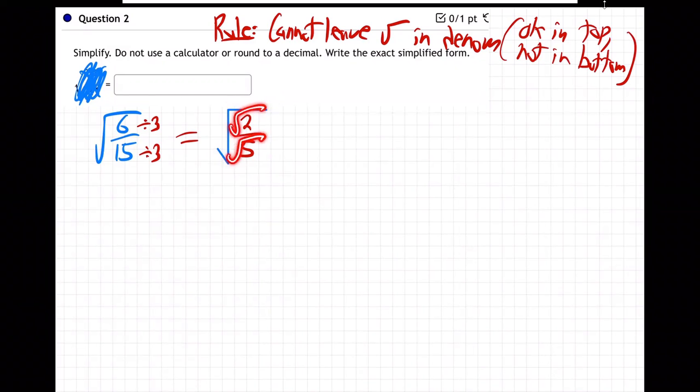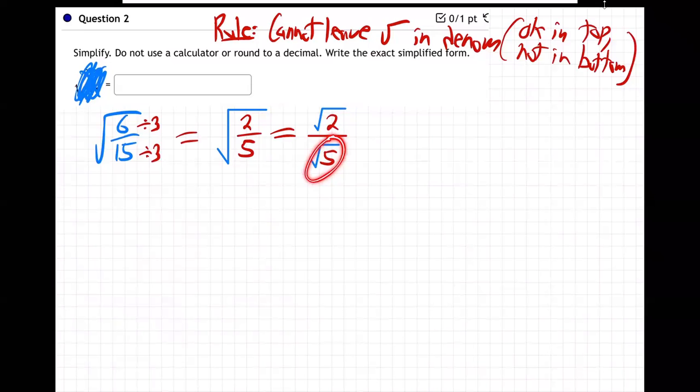You could even write it that way. This is the same thing as saying square root of 2 over square root of 5, and we don't want that square root in the bottom. Does that make sense? We're fine with the one in the top, but we do not want a square root in the denominator.